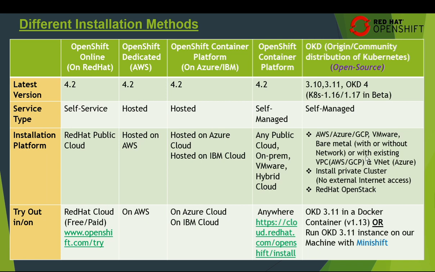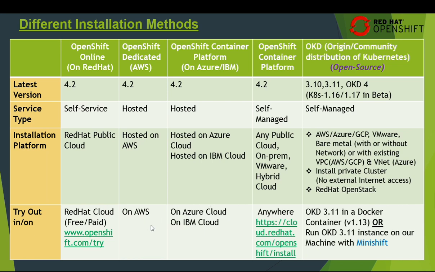And we can even install OKD with an existing VPC network for AWS or GCP, and also a virtual network for Azure cloud. We can also install OKD as a private cluster where we do not need external internet access, and we can also install OKD on the Red Hat OpenStack platform.